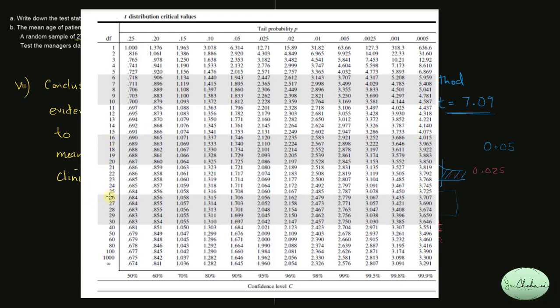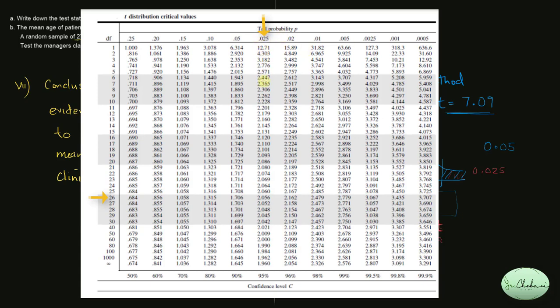Again, we have 26 degrees of freedom, and if you look at the top, where it says tail probability p, we are looking for this probability of 0.025. This tail probability refers to the fact that 0.025 is the area or the probability on the left tail or on the right tail, like I showed you.